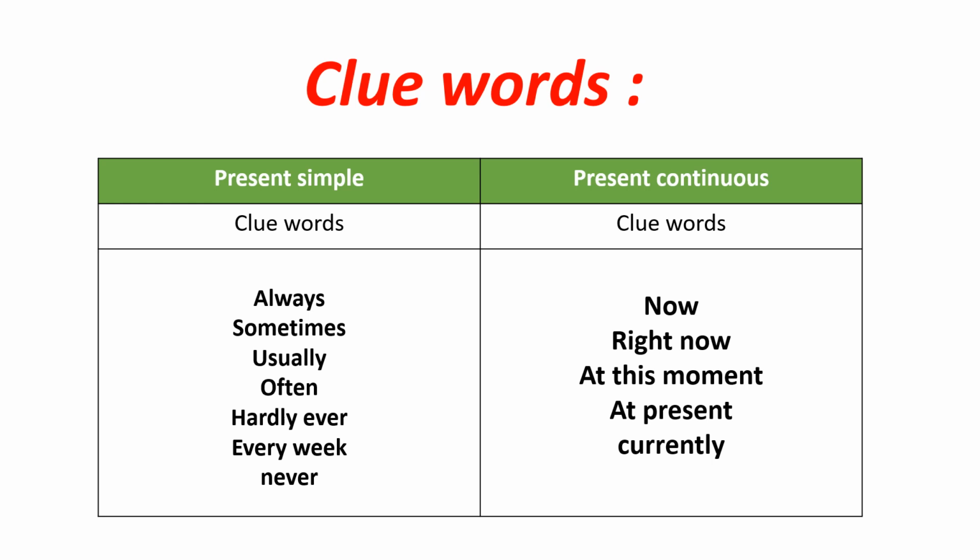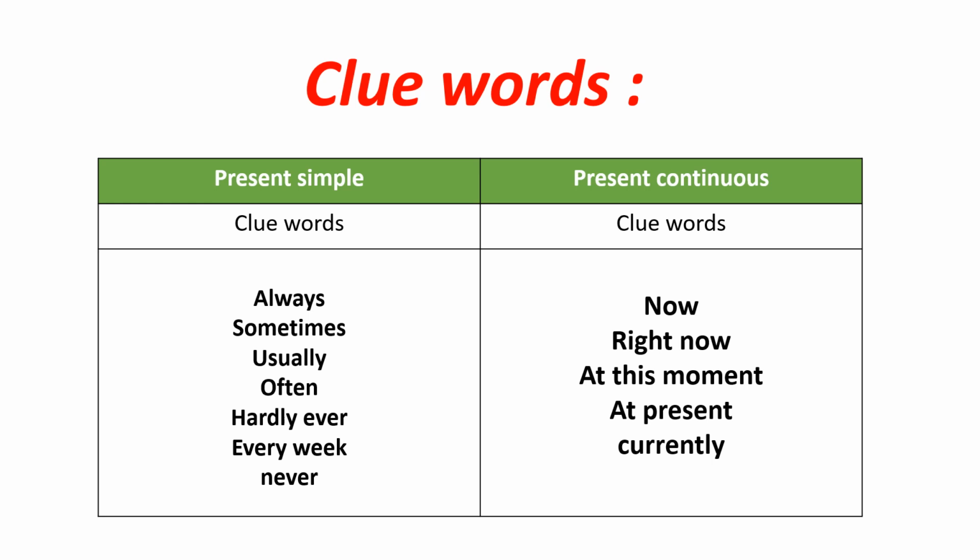You can say all adverbs of frequency are clue words of the present simple. And the present continuous clue words are now, right now, at this moment, at present, currently. And there are many other clue words of the present continuous.